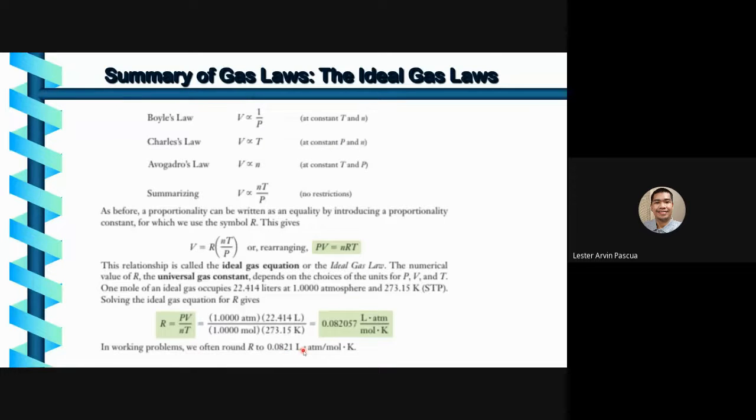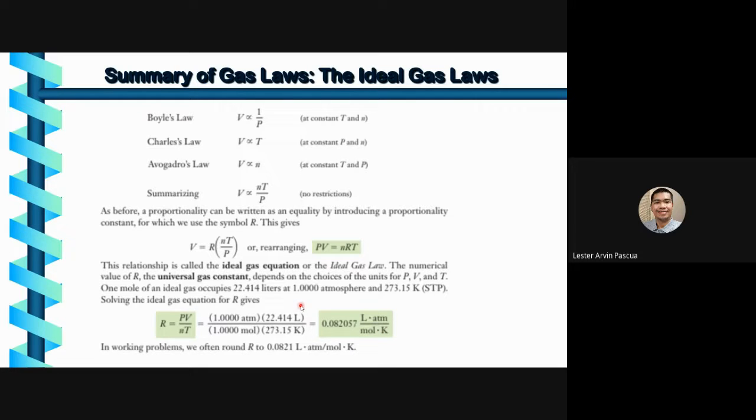So take note of the units of your R, of your gas constant. It should be liter atmosphere over mole Kelvin. So if you're working on a problem that is not using liters, for example, decimeter cube, ay equivalent lang pala yun. Kunyari meters cube ang gamit niya na volume unit, or torr, or Fahrenheit, ganyan.